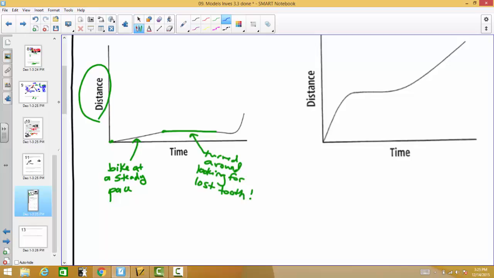And then, right here, they're really speeding up faster and faster and faster. Say they must have found their tooth. And they're speeding up because their distance is rapidly increasing. So found it and speed up to meet with group.